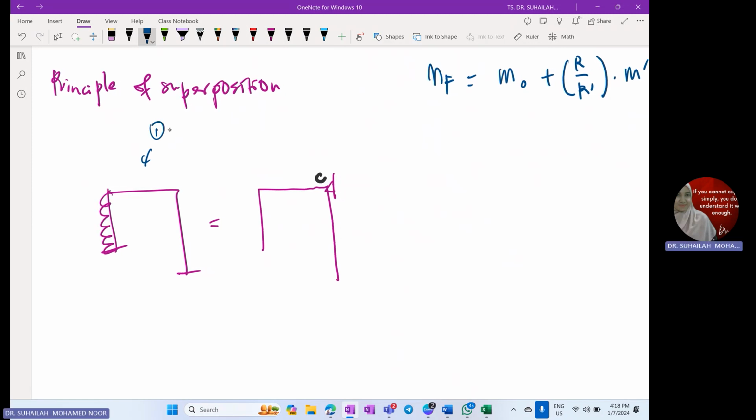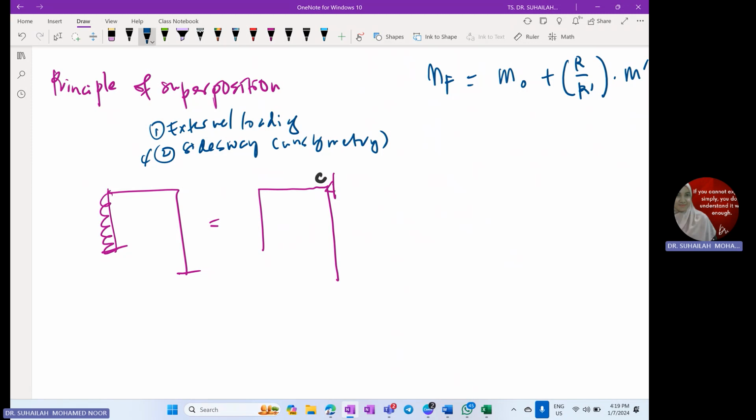Because inside this, we have number one, external loading, and number two, we also have side sway because it is unsymmetry. Due to these two reasons, external loading and delta, we have FEM.